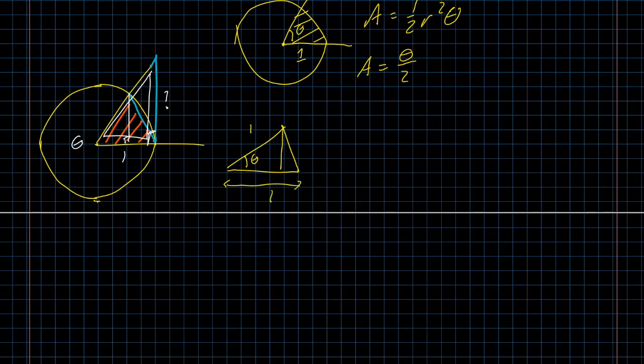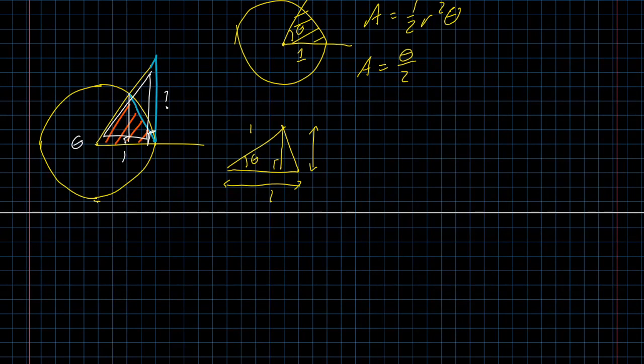I've got a triangle here. I've cut down into it with a right triangle. I know that those two sides are both of length 1, and I need to know this perpendicular distance.